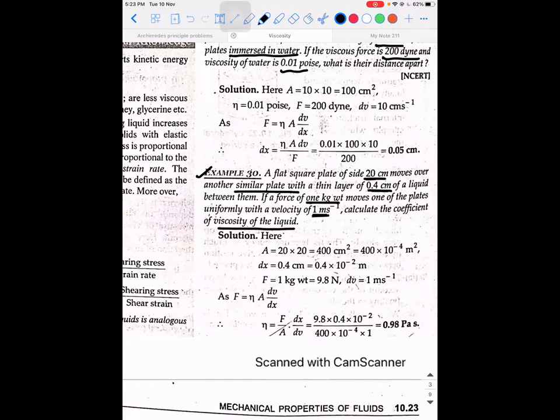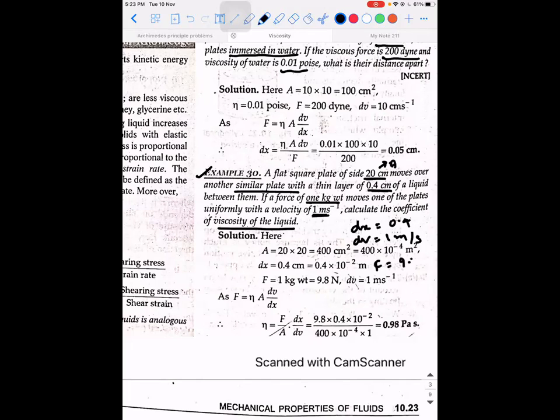So F is equal to eta A into dV by dx. Apply it and you will get the answer. Sir, can you say again, sir? Your voice was breaking for me. I am saying the area is given, dx is given, which is 0.4, dV is given, which is 1 meter per second, and force is given.